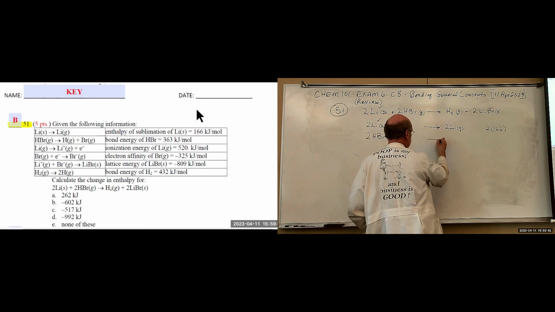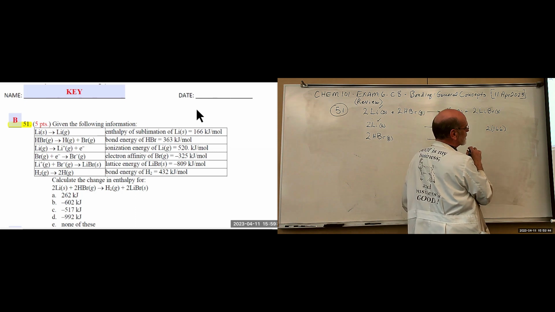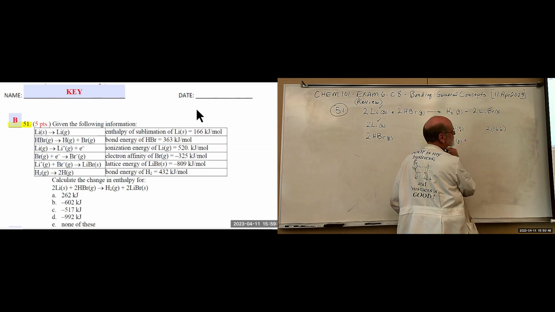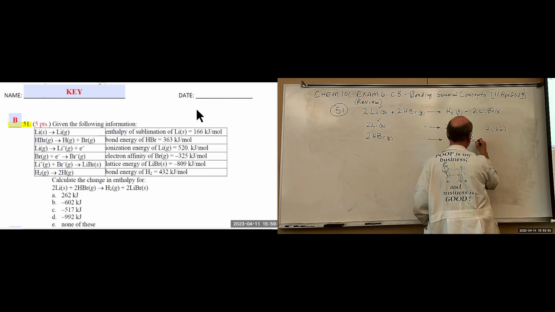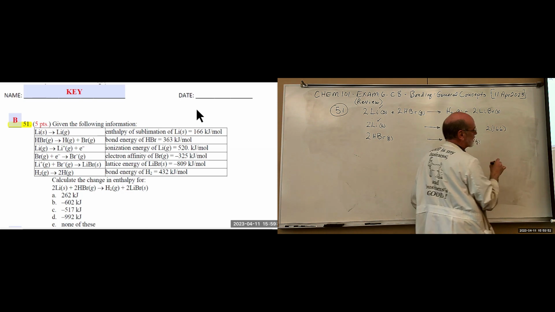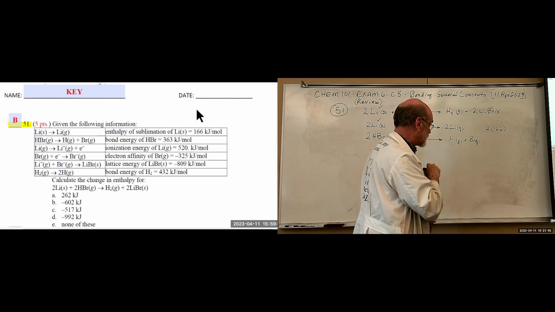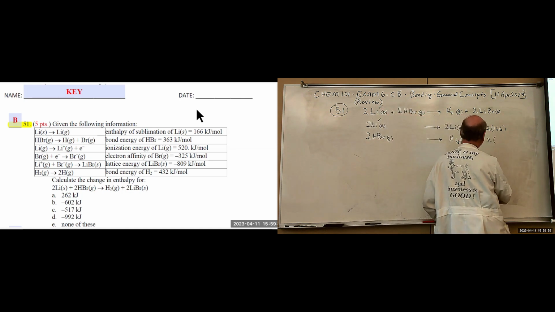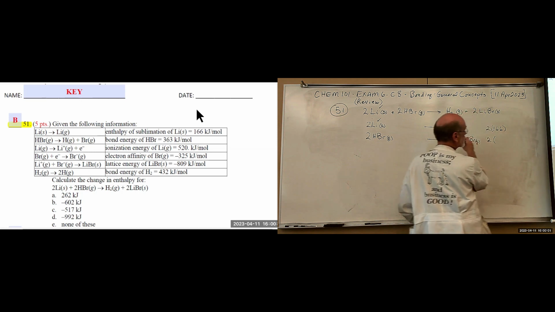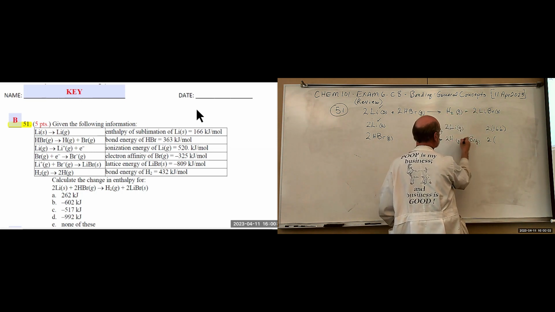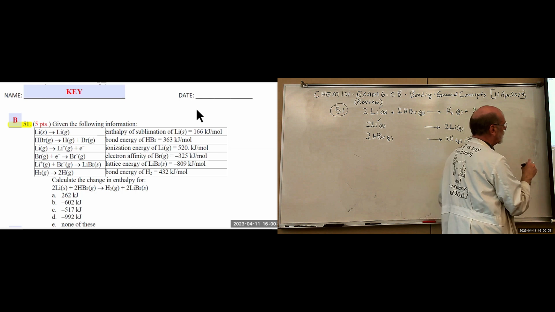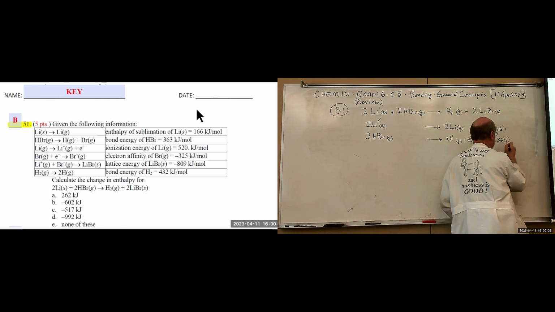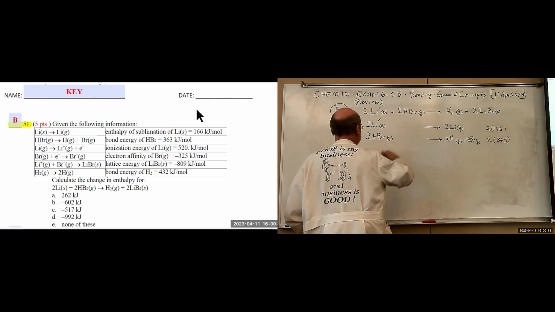Yields H gas plus Br gas. This is the bond energy for HBr, and we need 2 times whatever that value is. So this is going to be 2, and this would be 2, and this would be 2. 363 times 2. Okay. So that takes care of this one.